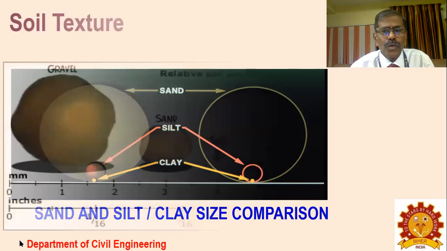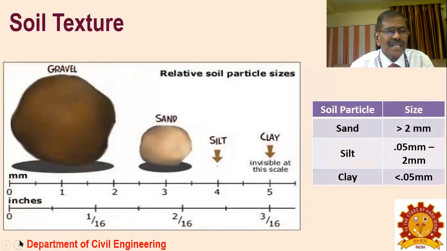And further, if you look at the soil texture, gravel is very big in size, up to around 2 millimeters. Sand may be 1 millimeter in size, marked on either side of 1 millimeter. Silt is just a dot. It is about 1/100th of a millimeter. Clay is invisible at this scale because it runs in microns.